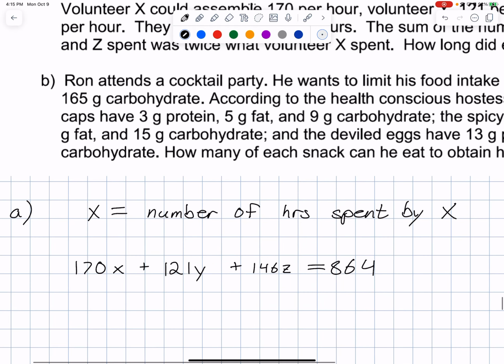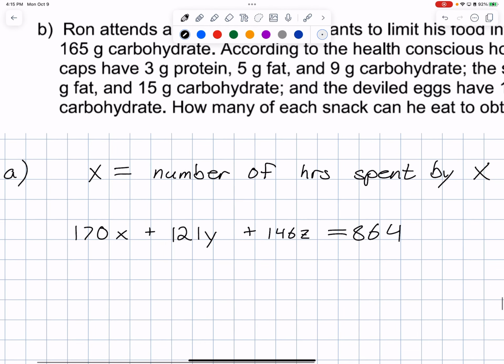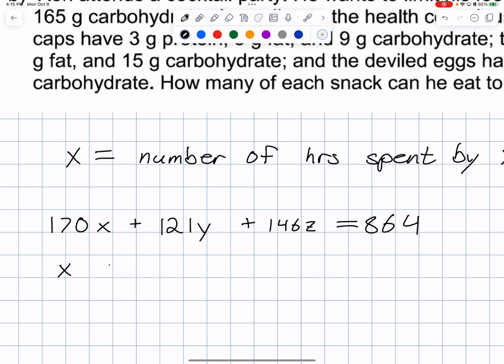My second equation is that they worked a total of 6 hours. X plus Y plus Z is equal to 6. The hours spent by X plus the hours spent by Y plus the hours spent by Z is equal to 6. Is that okay?